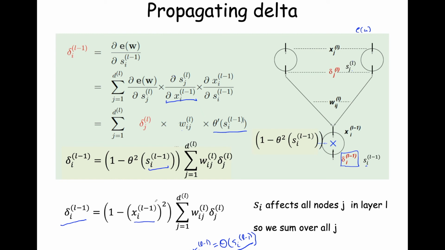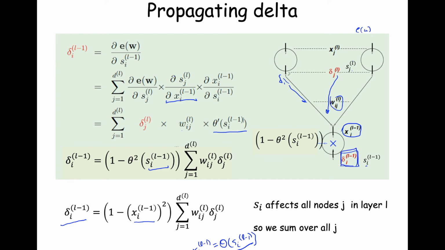So that's why it's called the back-propagation algorithm. You're back-propagating these deltas, which are the partial derivatives of the error with respect to the score for the layer above. So you propagate these deltas back, and then you use that along with the x value, along with the weight, which you already know, and you use these from every node, the deltas, in order to compute the delta for the layer below.